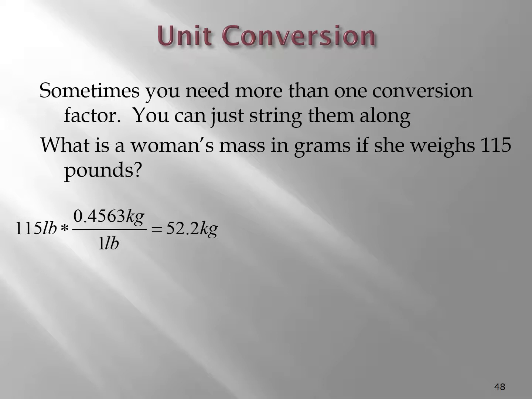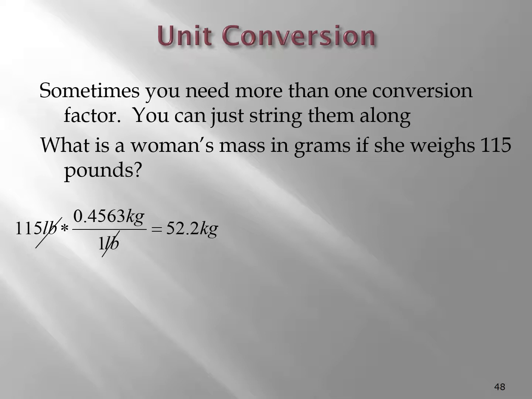Well, we know that there are 0.4536 kilograms in 1 pound, or 2.2 pounds in a kilogram. So we can line that up. We can convert 115 pounds to kilograms, and the pounds will cancel. And our answer is in kilograms, but that's not what the question is asking.